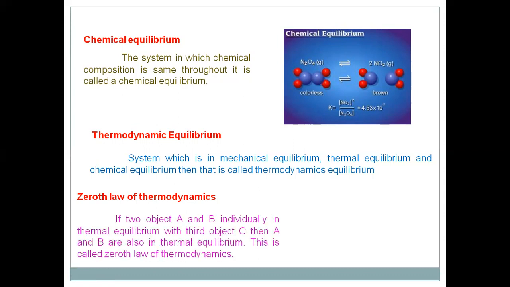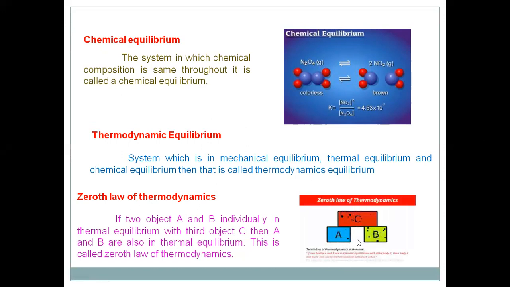If two objects A and B are individually in thermal equilibrium with a third object C. There are two objects we have taken: this is object A and this is object B, both at different temperatures. These two are connected with C. After some time, A and C are in thermal contact, so the temperatures of A and C are equal, and A and C are in thermal equilibrium.